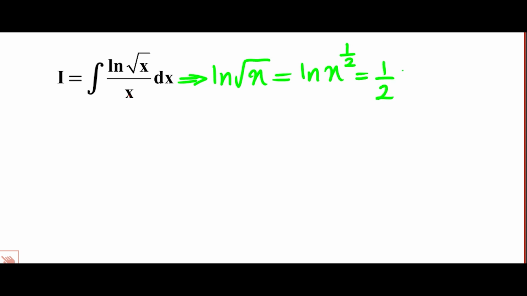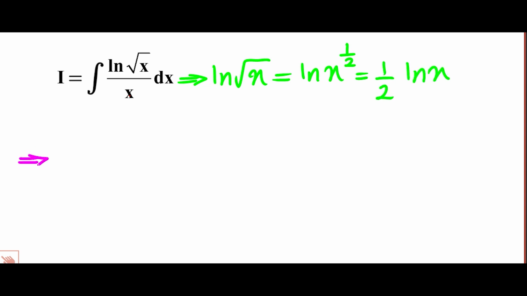Number 4. The integral of ln of the square root of x over x dx. First, a quick log property. Ln of the square root of x is the same as ln of x to the power of 1/2. We can bring that 1/2 out. So it becomes 1/2 ln of x, right?